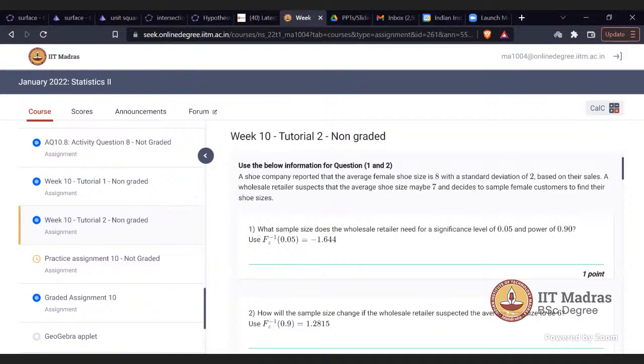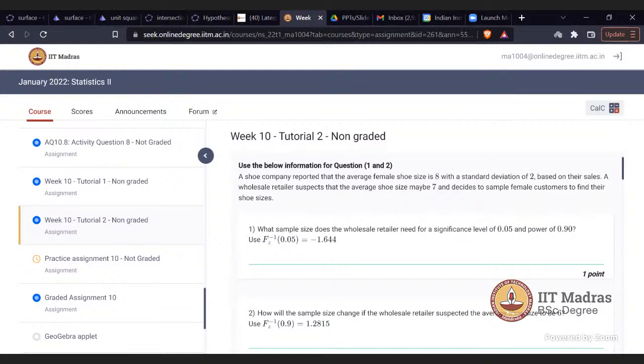And beta is defined as: given the alternative is true, you accept the null hypothesis. So whenever they give power, keep in mind that power is 1 minus beta, and type 2 error is beta.